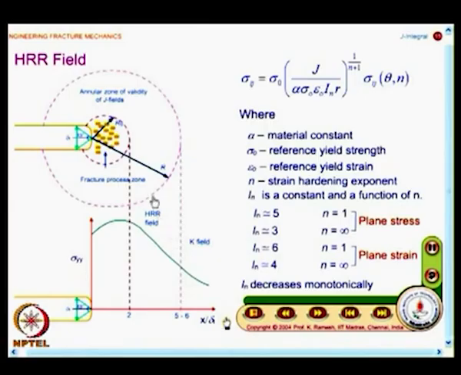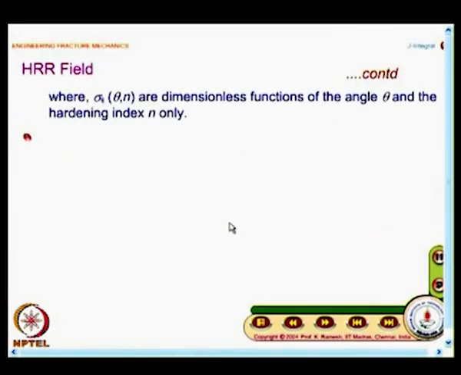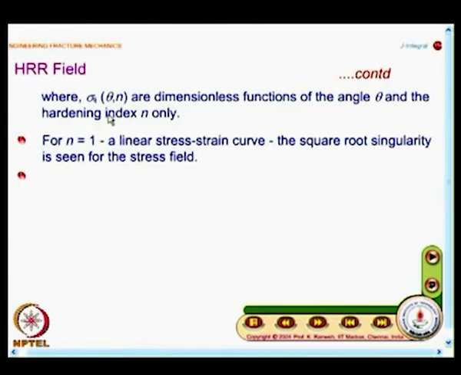So, what you will have to recognize is that you have a blunted crack tip, then you have a fracture process zone. This is engulfed by the HRR field, which is a J dominated zone, which would be surrounded by the K field, and then you have a general stress field. This only summarizes what I had mentioned, that sigma ij of theta comma n are dimensionless functions of the angle theta and the hardening index n only.